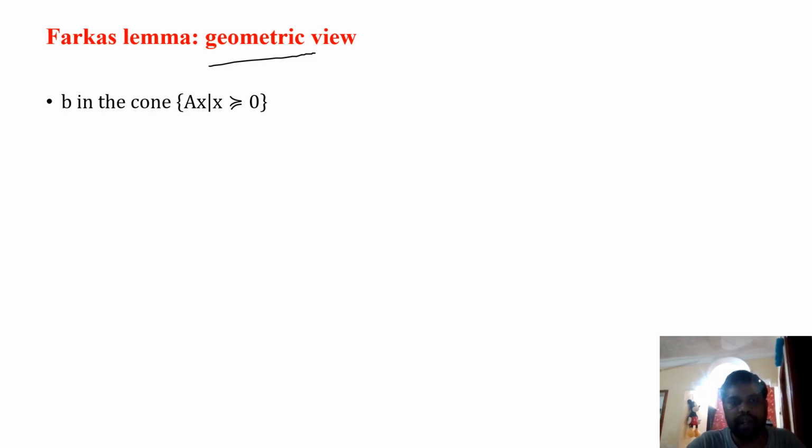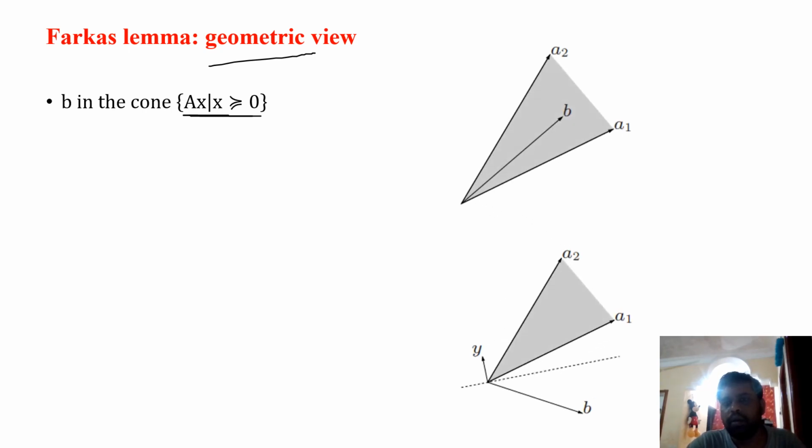n number of vectors, with respect to that, it forms a matrix A by considering those vectors as columns, and you are taking another vector B. B would be in the polyhedral cone constructed by the given vectors A1 up to An, if we can write B as a conic combination of the columns of A. If you are able to write B as a conic combination of the columns of A, then we say that B is in the cone.